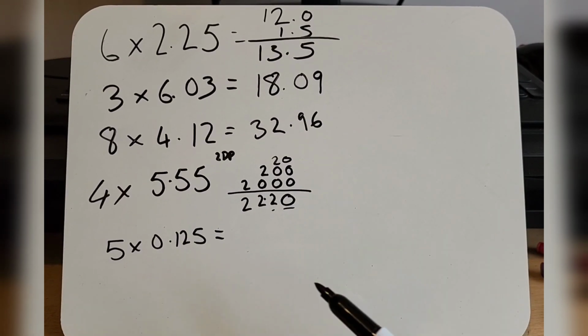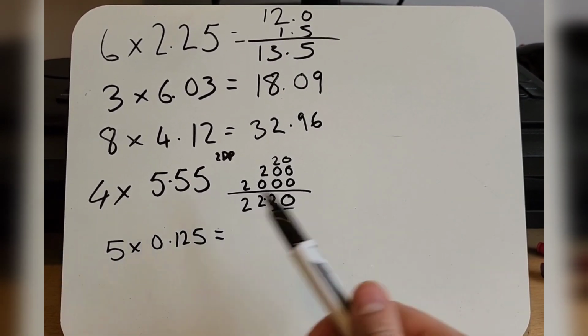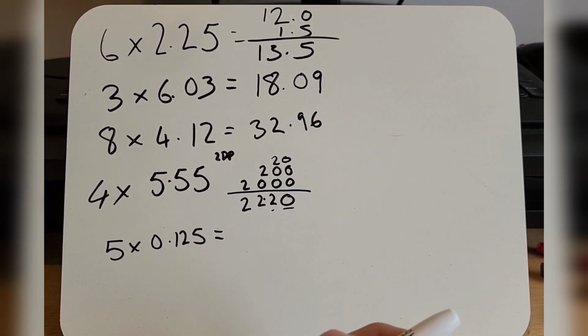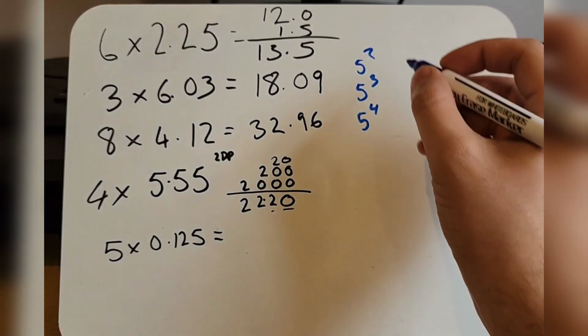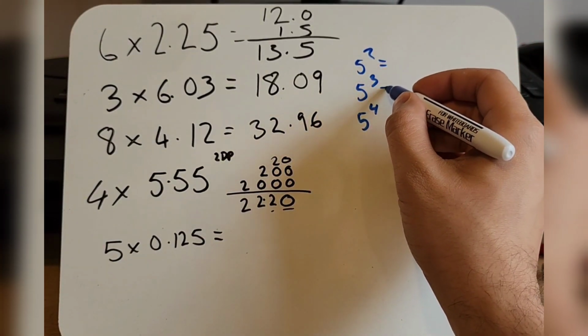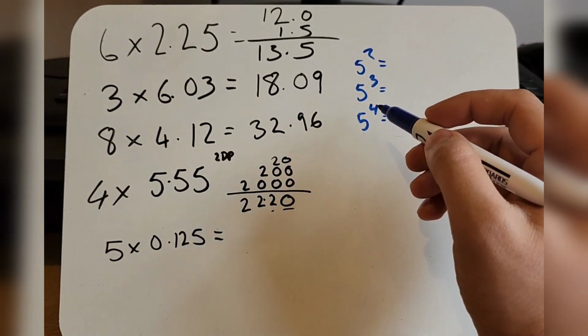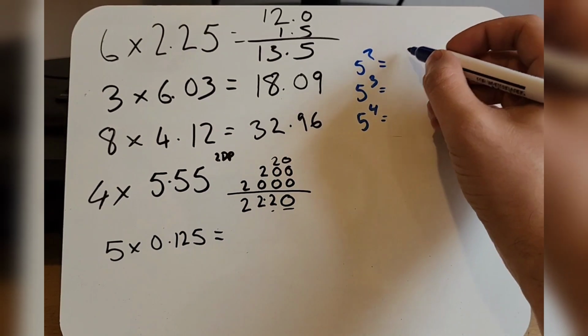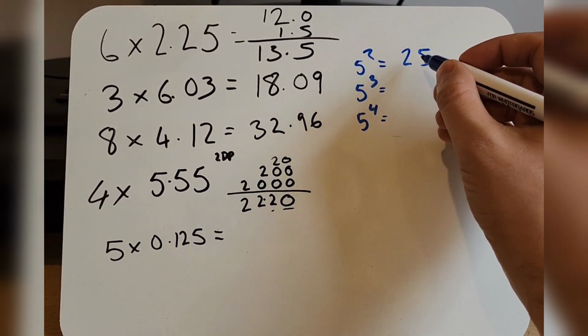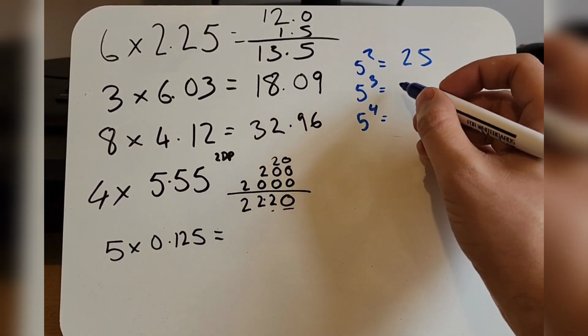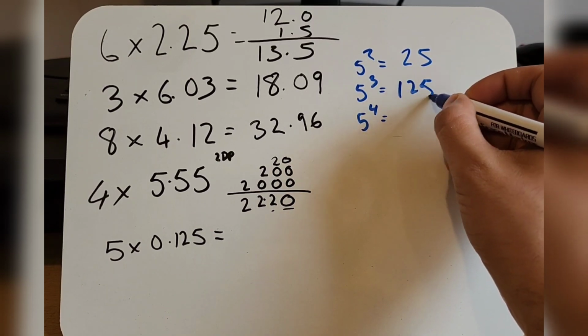Okay, so what calculation method do I use for this last one? I'm going to be honest, I cheated. Straight up, just know these ones. I don't know if it's cheating or just knowing your powers of 5. So 5 squared is going to be 25. If we do 25 times 5, we get 5 cubed. That's 125.